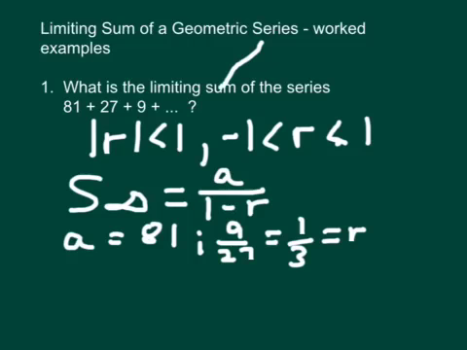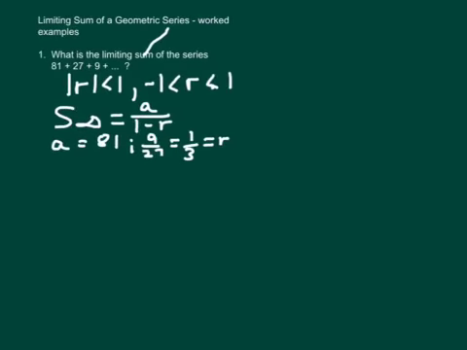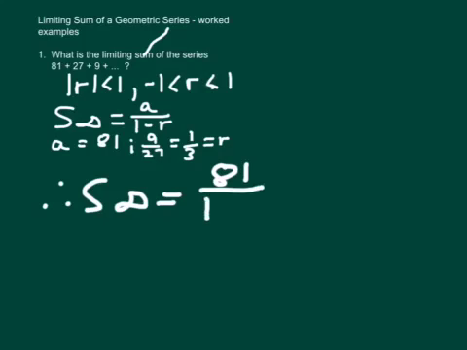So the limiting sum is equal to a, which was 81, divided by 1 minus 1/3. And that equals 81 divided by 2/3, doesn't it?